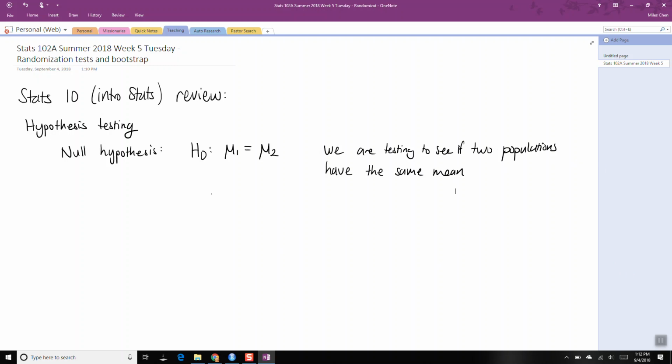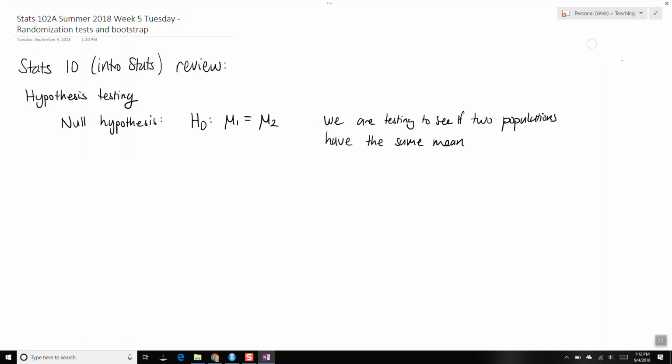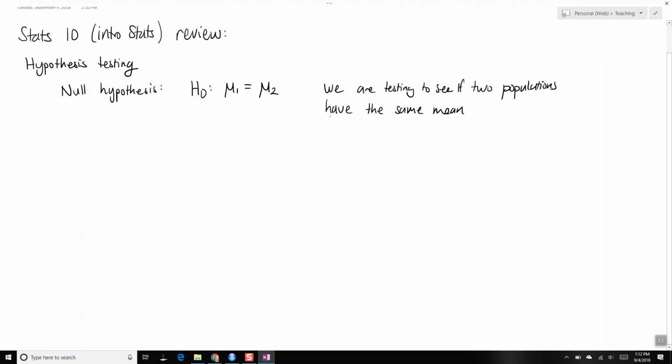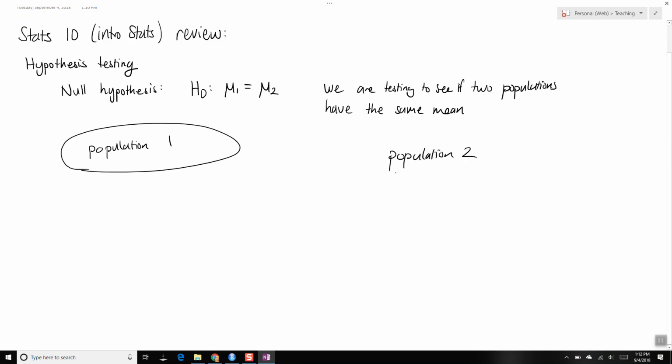So the idea is you have population 1, and over here you have population 2. And the populations are too big for us to observe directly.